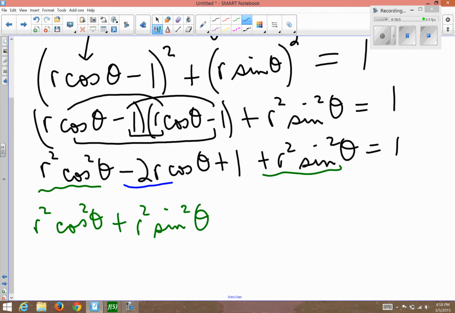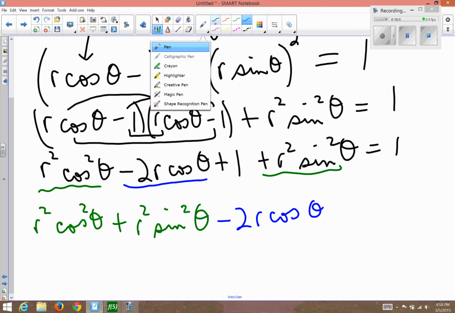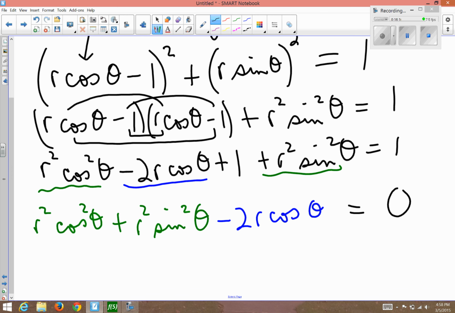This term we're just going to copy, -2r cosine theta. There's a 1 here and a 1 here, so the ones cancel; we subtract 1 from both sides. In the terms that are green, r squared is in both, so r squared comes out of cosine squared theta plus sine squared theta. And everything after that gets copied.